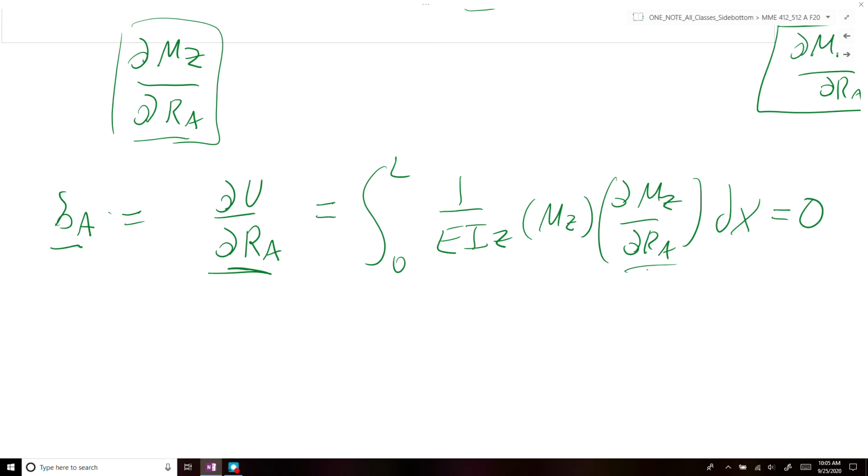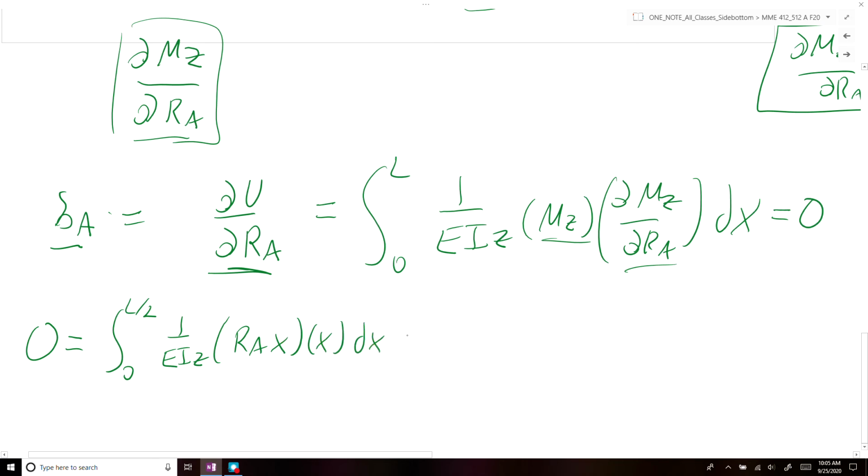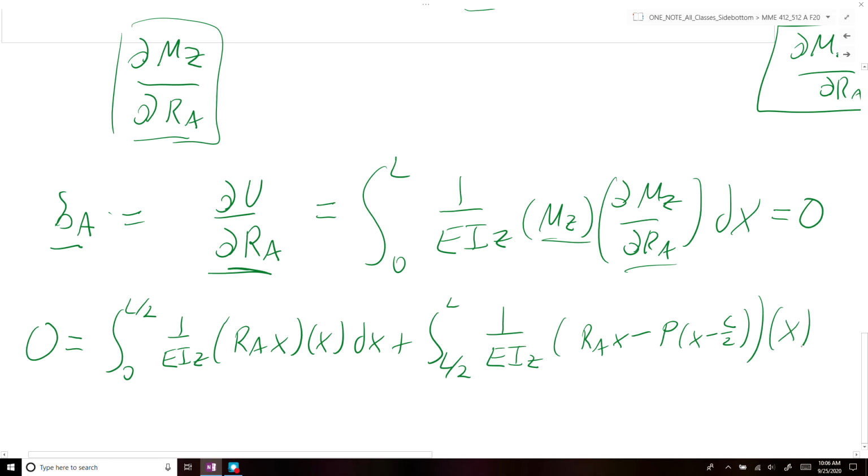If we do this, our equation ends up being 0 equal to the integral from 0 to L over 2 of 1 over EIz times our moment Mz, which is just RA x, times x dx, plus the integral from L over 2 to L. We plug in our Mz of x terms there, so we get RA x minus P times (x minus L over 2), and that gets multiplied by x dx.